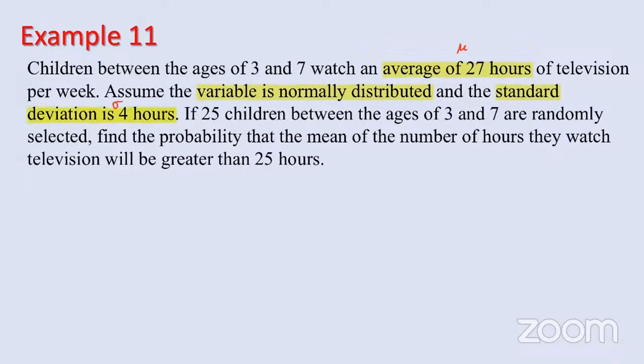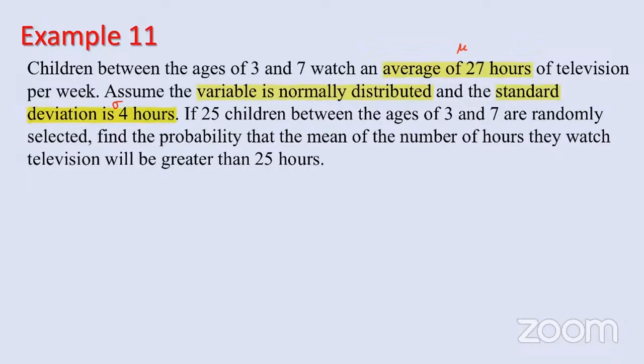So here we have a normally distributed population where mean and standard deviation are given. And what we know is, if the population is normally distributed and mean and standard deviation are given, then the sampling distribution of the mean is also normal, right? That's what we know from the central limit theorem.